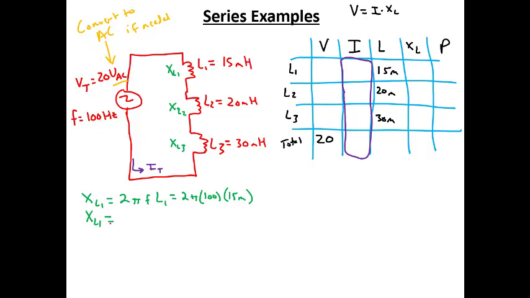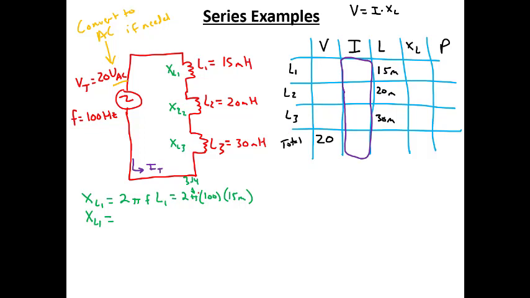Get my calculator out here. So let's see, do 2 times 3.14. Remember that for pi, we can write in 3.14 for pi, times 100 times 15 milli.